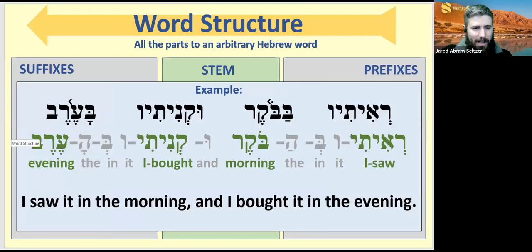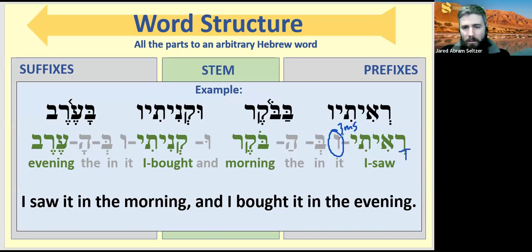Okay, so here's one last example. Ra'itiv baboker uknitiv ba'erev. So we have 4 words here, and all of them have some sort of prefix or suffix or both. Ra'itiv, this vav here is a pronominal suffix, 3ms, him or it, attached to the word ra'iti.